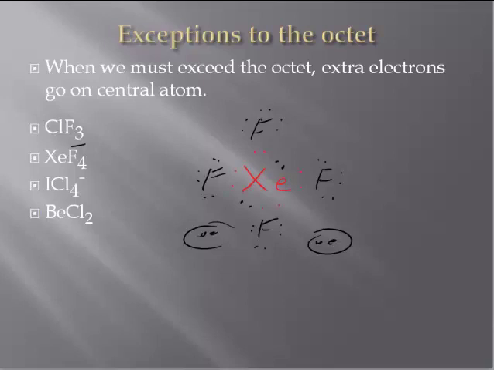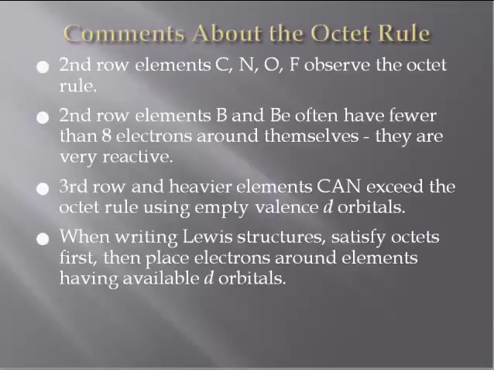Now, here are the rules we need to follow with exceptions to the octet. The second row, these elements right here, they always observe the octet rule. Okay, and then it turns out boron mostly, and sometimes beryllium, will have fewer than 8, so they don't have an octet.